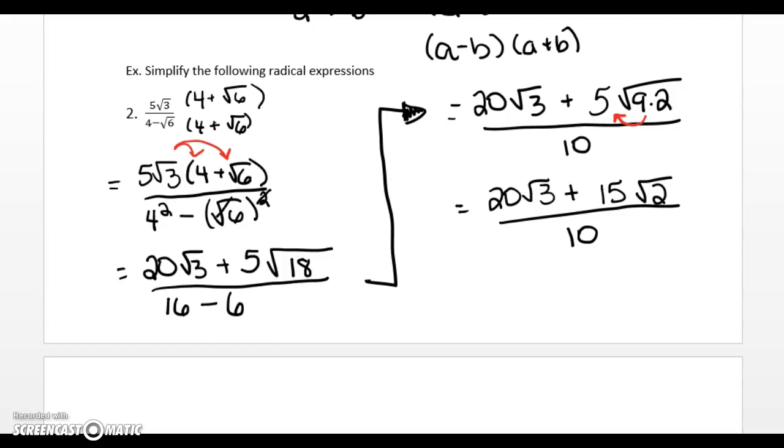Now here we are not quite done, because what you can notice between all of the whole numbers, between 20, 15, and 10, is that they all have a number in common. So here you can actually reduce by a common factor. We have 20, 15, and 10. Those all have a 5 in common. So what you can do is divide each of those numbers by 5.